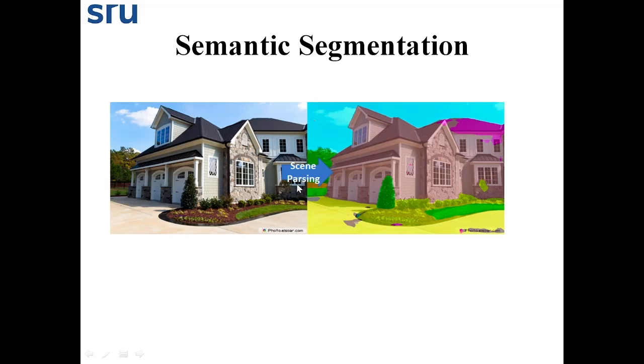Here, scene parsing. Now see here this background, this part, is given a different color, and this part is given a different color. This tree is given a different color. Okay, and this house is given a different color. This is called semantic segmentation.